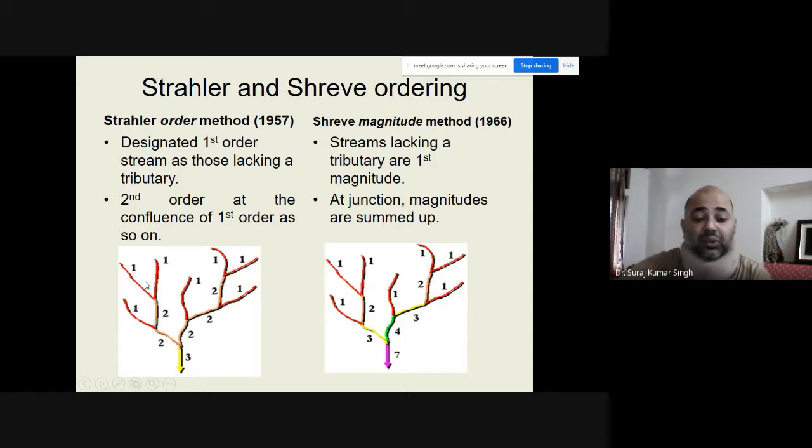Whenever we want to identify each and every stream that is connected to a river, generally these first order streams, what you are seeing on your screens, are those streams that get water only during precipitation, or only during the monsoon period. The higher order streams, like 7 or 3, what you're seeing, are the main rivers that have water throughout the year.